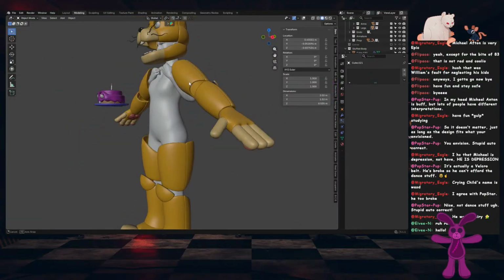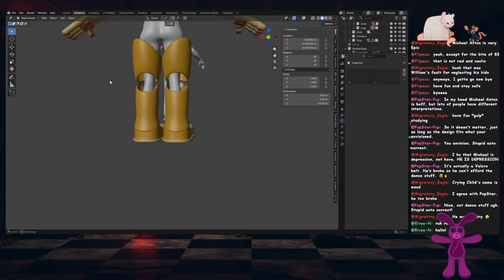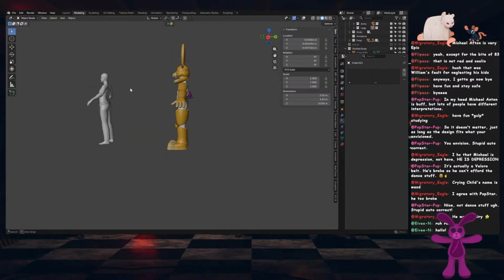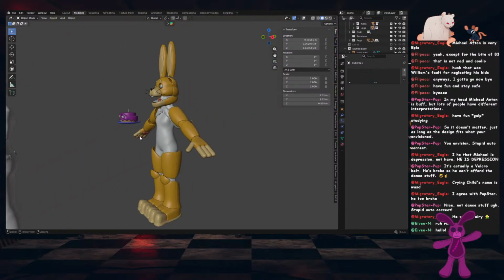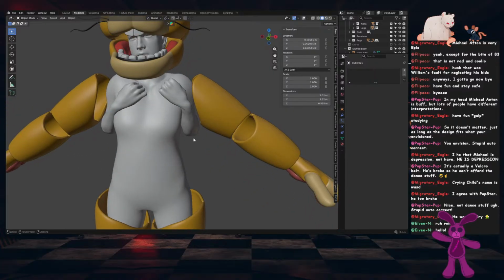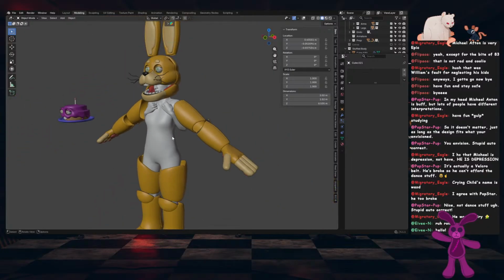This is a male body. I somehow managed to sculpt it just enough to make it feel female when posed a certain way. How did I manage that?